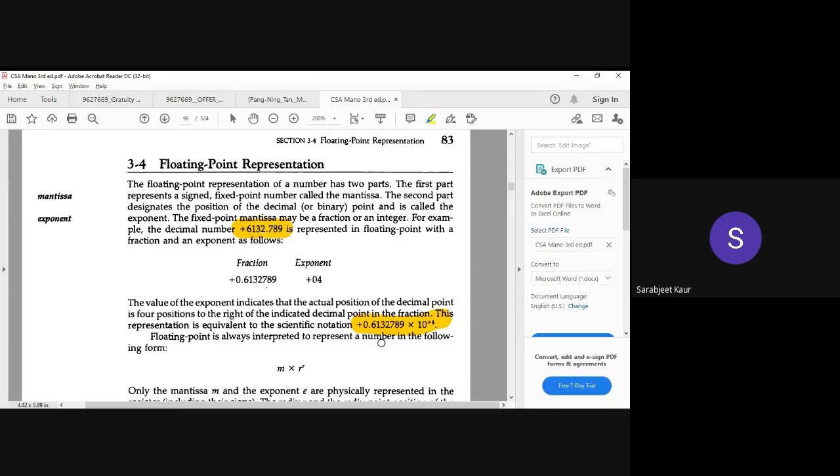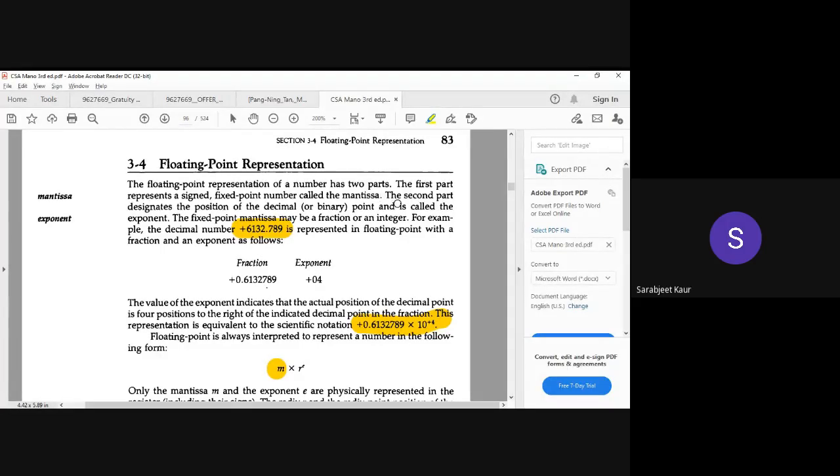So, in other words, a floating point representation of a number has two parts. The first part represents a signed fixed point number called the mantissa, represented by m, into radix, whatever is the radix. For example, the radix here is 10, so 10 to the power of plus 4.